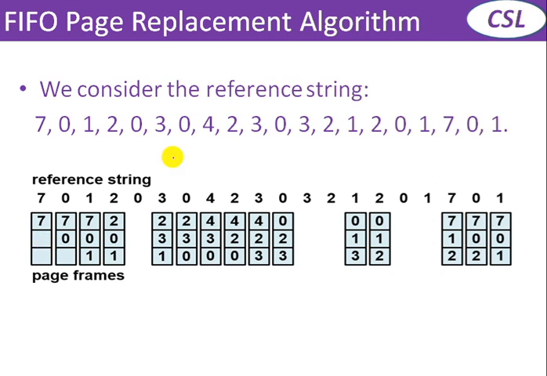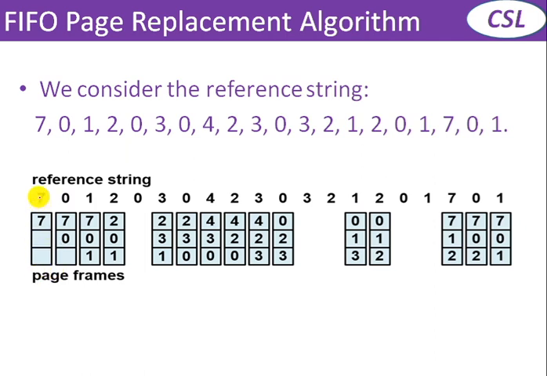Now the CPU has generated the reference string. Based on the FIFO page replacement algorithm, we have to fill these pages into the main memory. So what is the first page in the reference string? 7. Our assumption is that the memory is free initially.